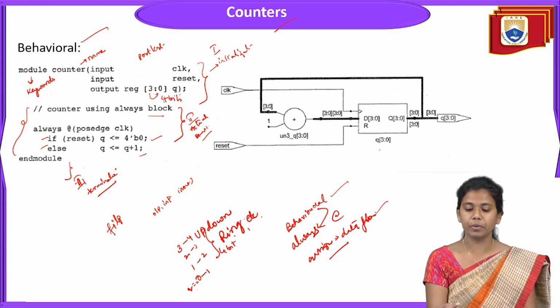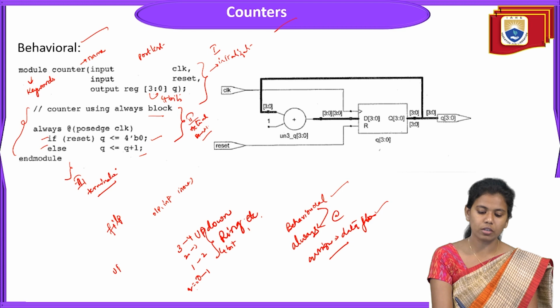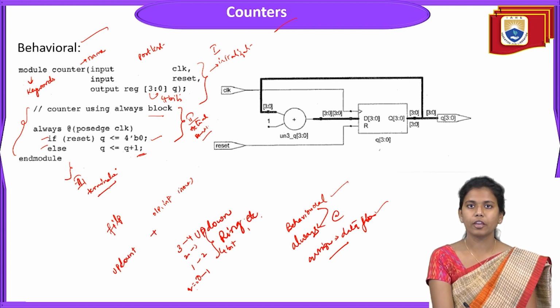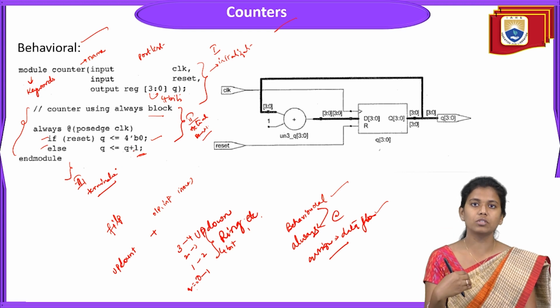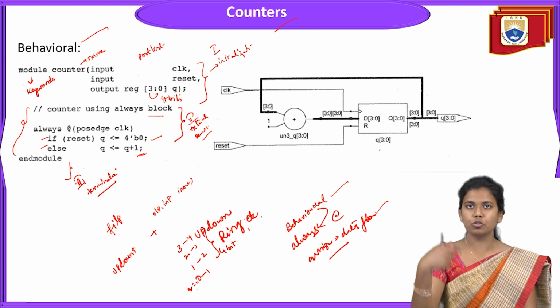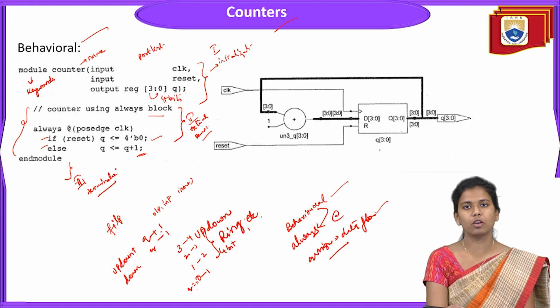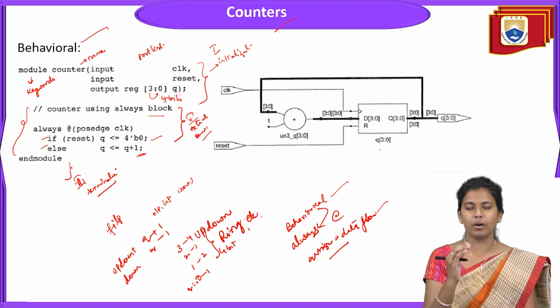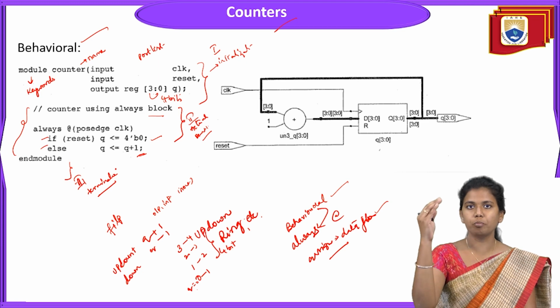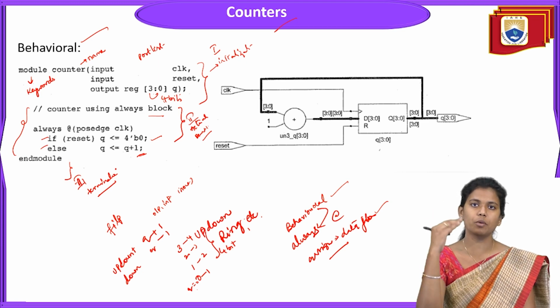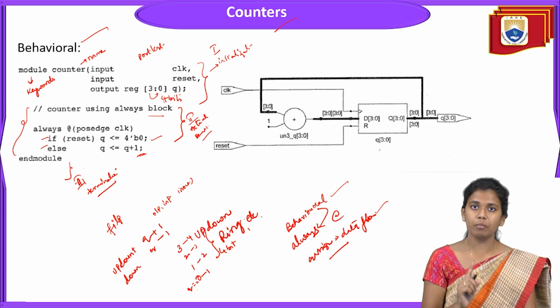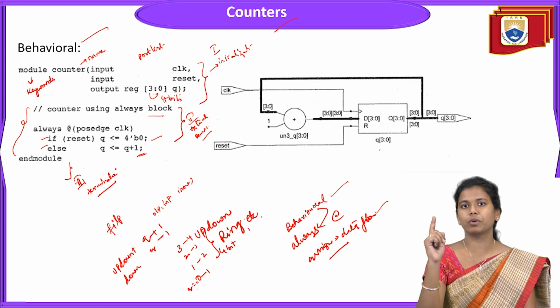As I'm using an up counter, I always represent it with q plus 1. If it is a down counter, we must count from up to down, so for a down counter we represent q minus 1, and for an up counter q plus 1. Why? Because we must go up, from the bottom to the topmost place, so we must increase one bit at a time.